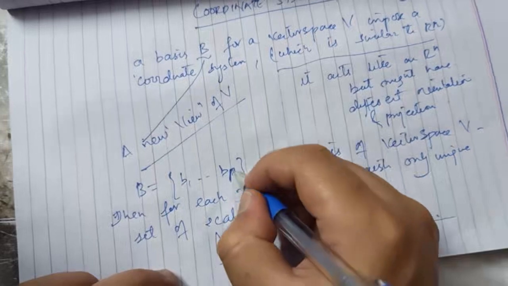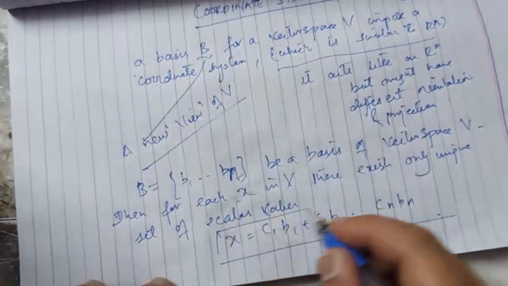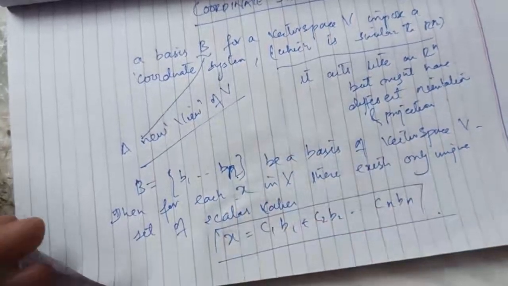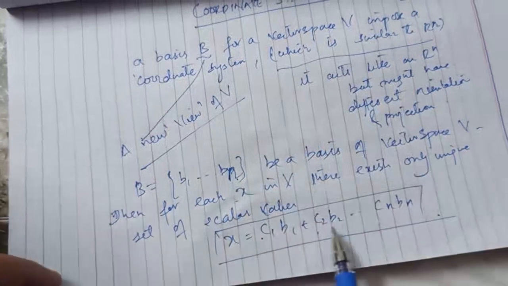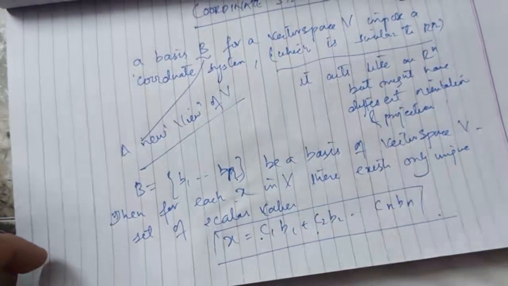Sorry, it should be n. Now it means the value of c1 is unique, c2 is unique, and cn is unique.